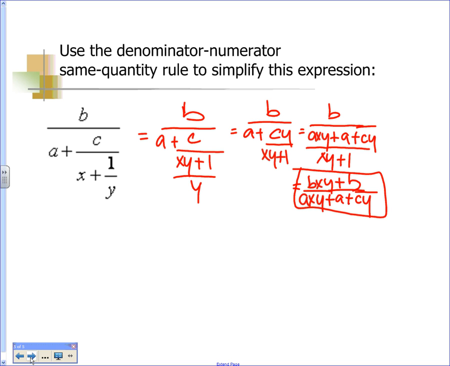Do you agree or disagree? Which part? Did you have this part right? Okay, did you get this step? Good work, confusing. You have to write it very carefully.